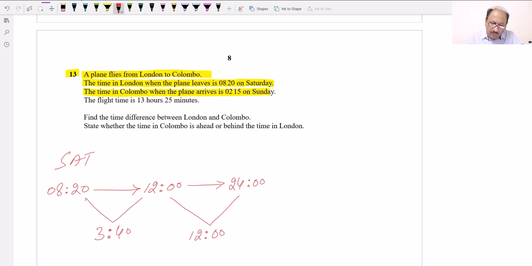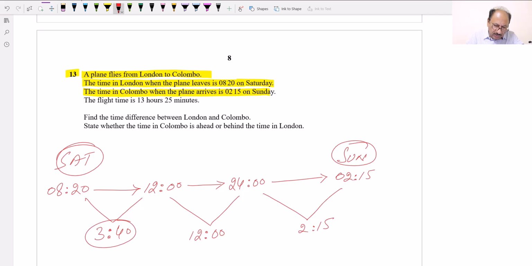And then from next, they have mentioned 2:15. This will not be Saturday, this will be Sunday basically. So started from Saturday and till Sunday, and this interval will be 2 hours and 15 minutes.